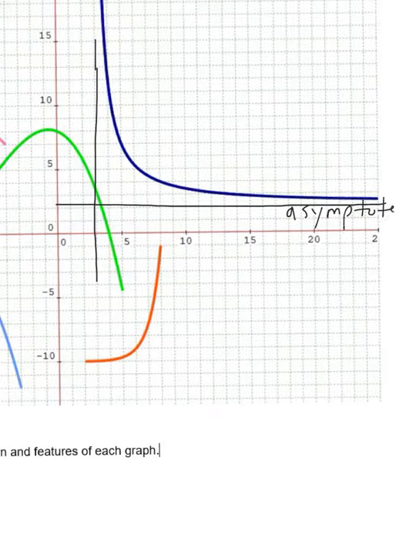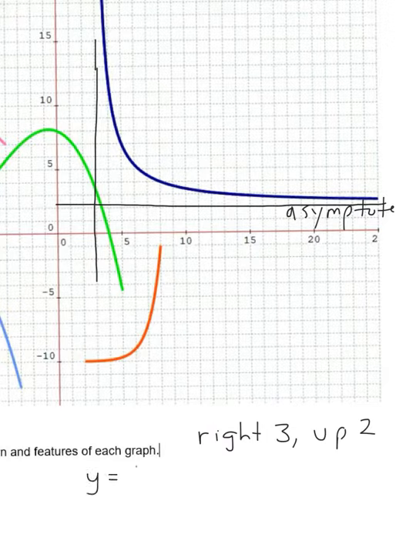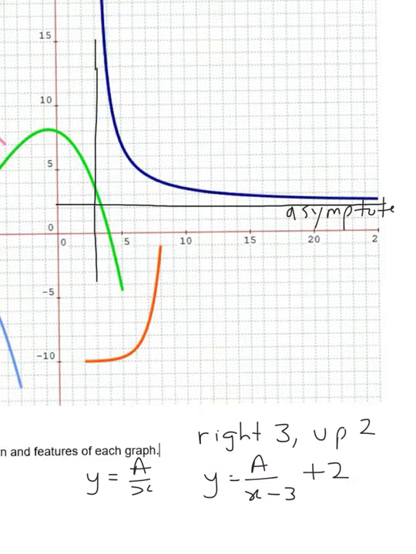Asymptote there. Now the asymptote has moved from 0, 0 in the center of the graph. It's moved to the right, it's translated right 3, and it's translated up 2. So normally a hyperbola is y equals a over x. So now it's y equals a over x to the right 3 and up 2.